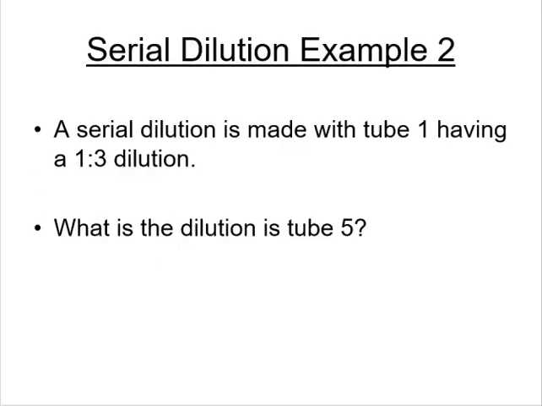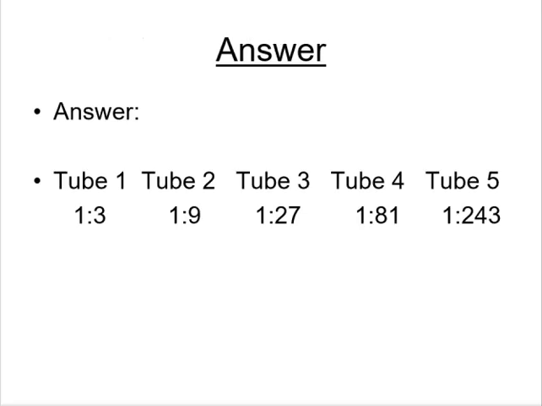Let's look at another example for a serial dilution. The serial dilution is made with tube 1 having a dilution of 1 to 3. What would be the dilution in tube 5? Again, let's list out our tubes and try to figure out the dilution. So again, we have to go with our dilution factor. Our dilution factor they give us by giving us the dilution of tube 1. So our dilution factor is 3.